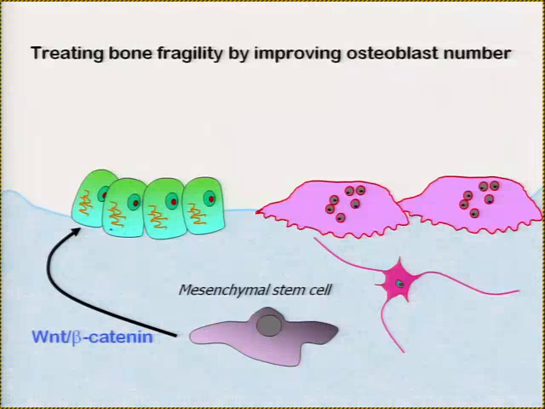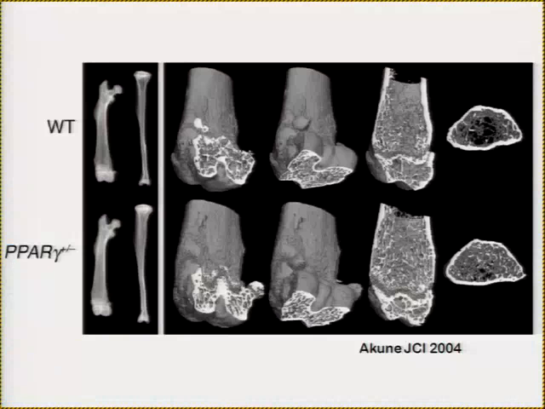If they don't move into this lineage, almost default, or certainly an age-related signal, is these mesenchymal stem cells will move into a fat lineage. Here's a cell full of little fat droplets. So it turns out that there seems to be some selection between these cells becoming fat cells or becoming bone cells.